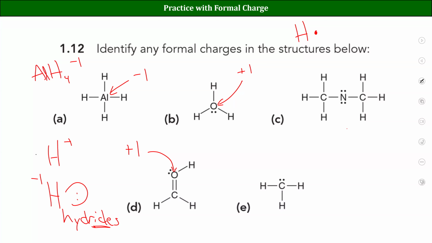So it's a -1. And then we already did one example of a carbanion. This is going to be just like the one we did on the previous slide, right? Carbon's got 5 electrons, or it's got 3 bonds with a lone pair, which means the carbon is a -1 charge.